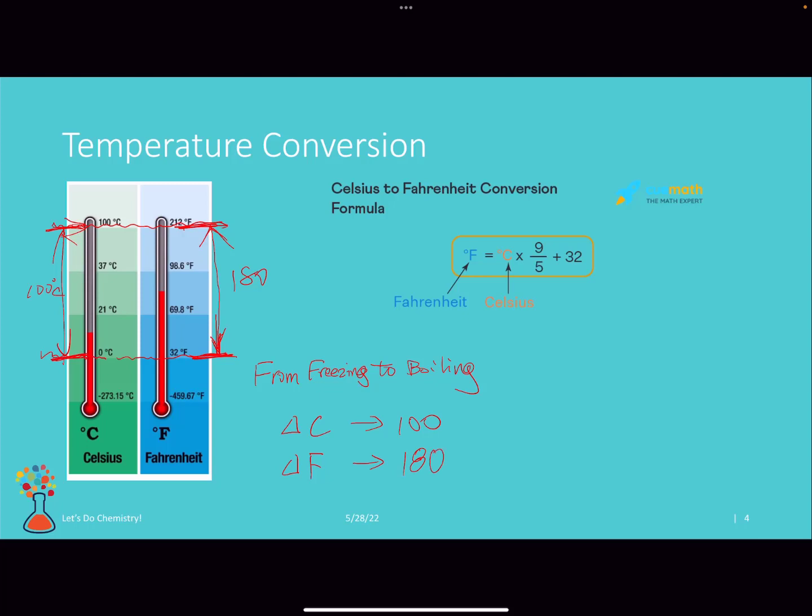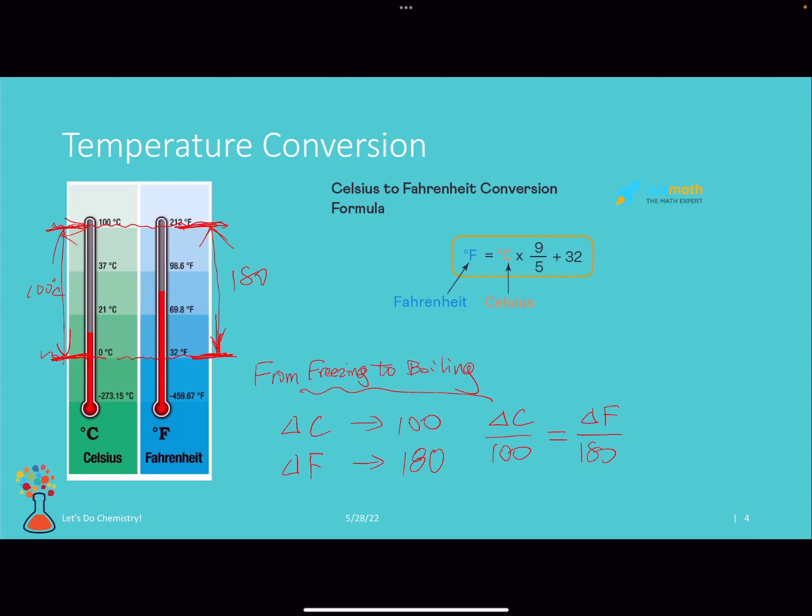Look at it: the scale of the change is different, but physically they are doing the same thing. With this we can do this type of math: the change in Celsius over 100 equals the change in F over 180.